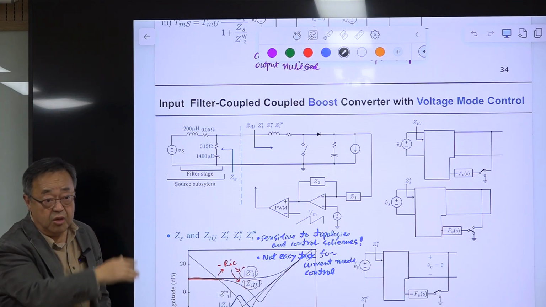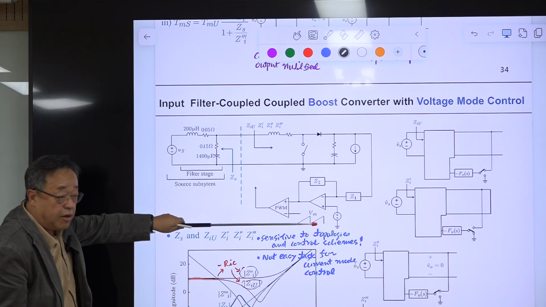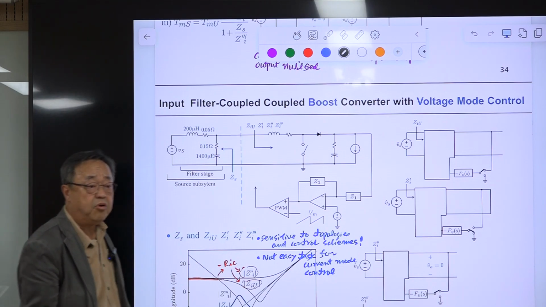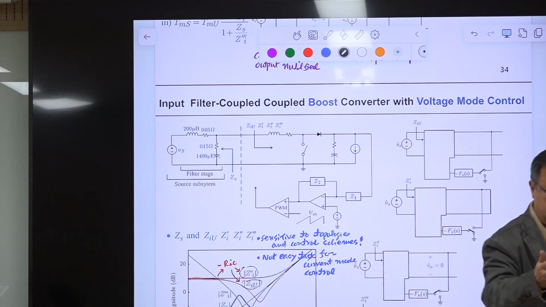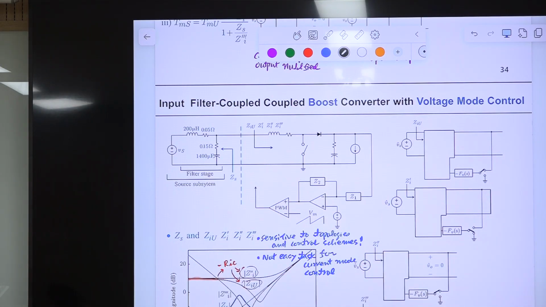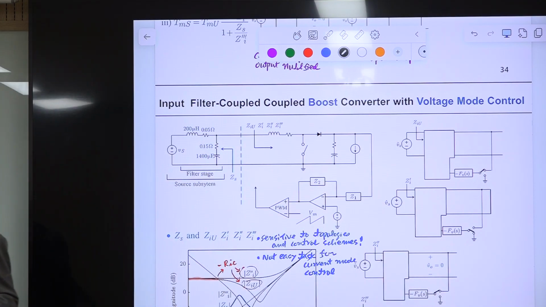Okay? So people investigated this a lot because this is a very practical problem. If they attach the input filter to this converter for the current filtering purpose, in some cases there is an overlap here, and then the converter becomes unstable. They didn't know the reason for 20, 30 years, okay? And finally, the EET will solve everything, right?